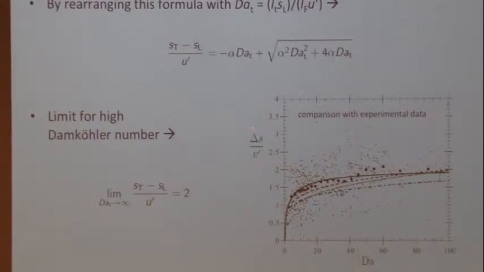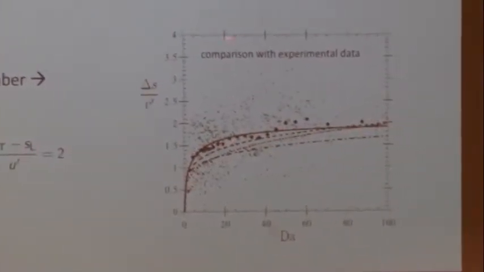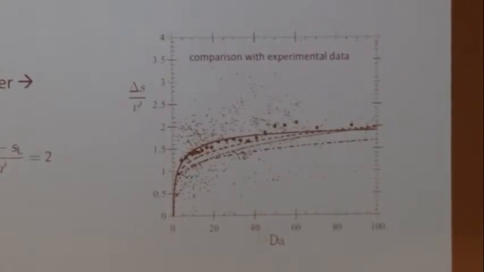So I can plot ST minus SL divided by u prime as a function of the Damköhler number, and that should be a universal function. All these individual points are individual experiments, and you see again there's a lot of scatter, but if you take the conditional average at each Damköhler number, you get these big points, and the solid black line is this model, and you see the model is not so bad.